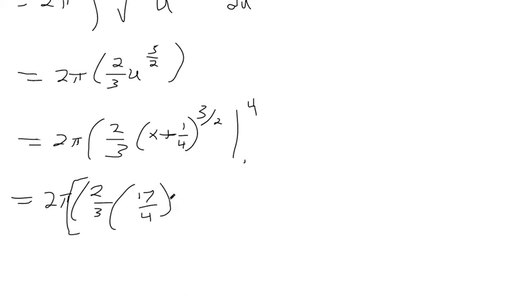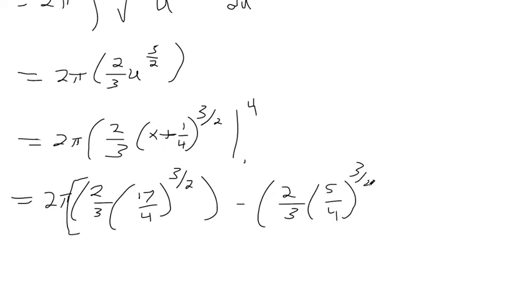I'll show you how to evaluate that to the 3/2 power without a calculator. And then we're supposed to subtract what happens when we plug in 1. So that's 4 over 4 plus 1 over 4, so that's 5 over 4, evaluate to the 3/2 power. Okay, calculus is done, now it's just fraction work.